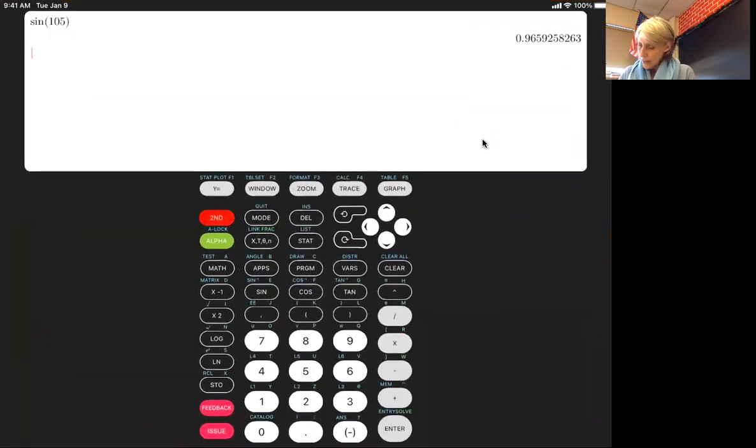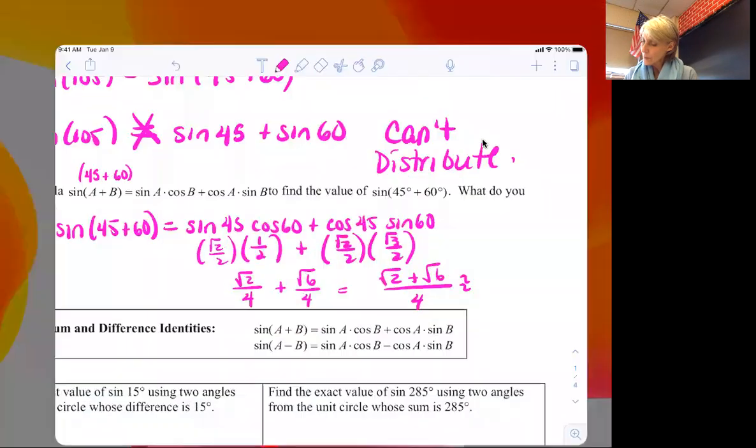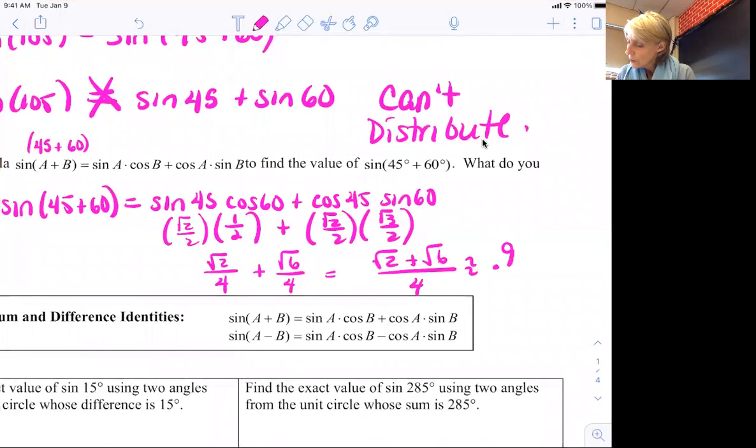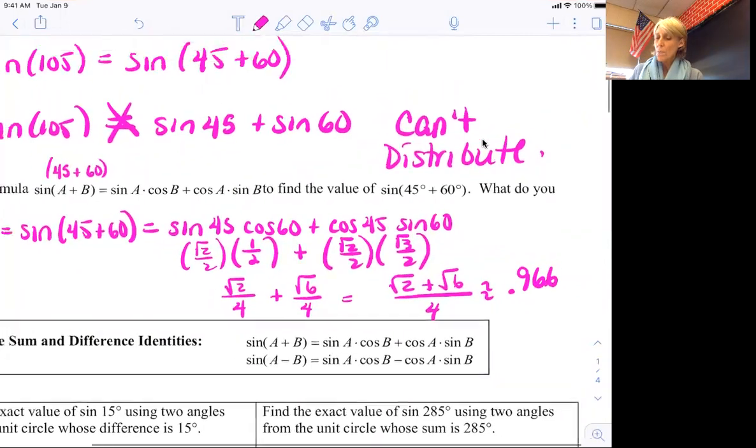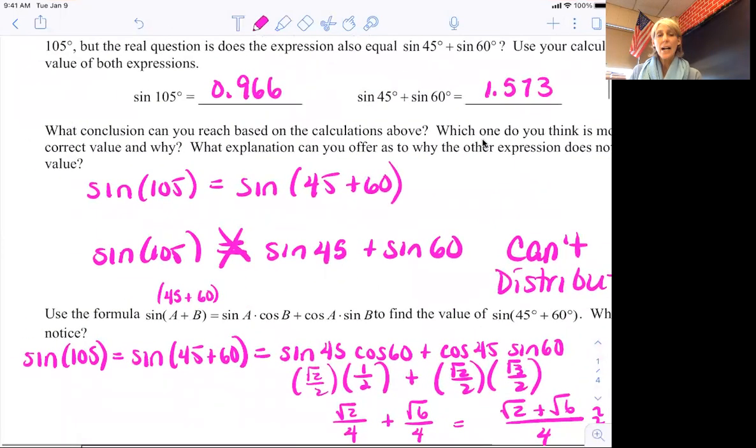So I have radical 6 plus radical 2. I did it out of order, I'm sorry, but it's going to wind up being the same thing. Hit enter, and I'm going to divide that value by 4. I get 0.966, which matches the answer we got in the beginning of the problem.